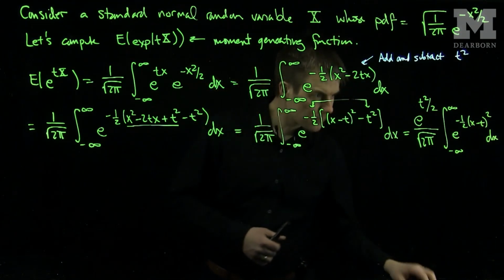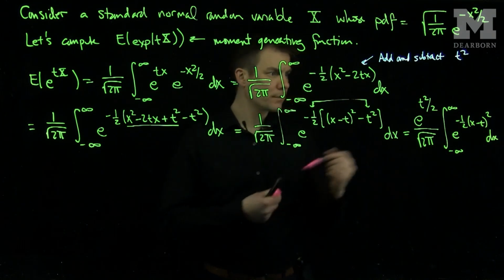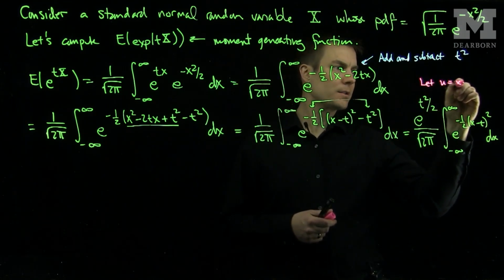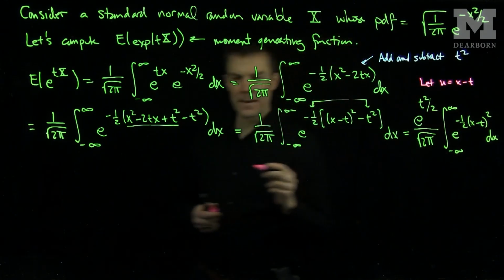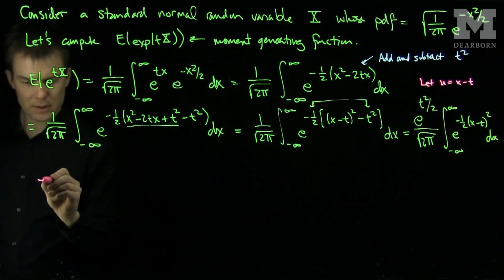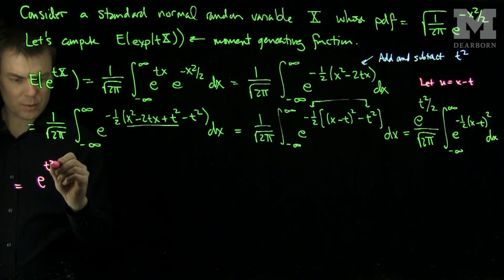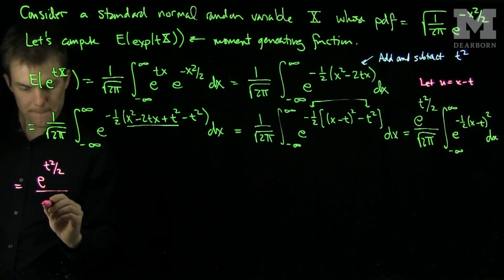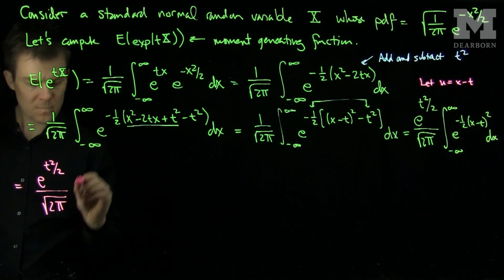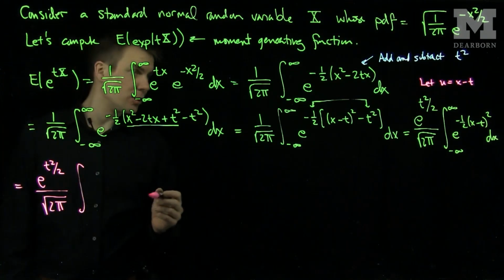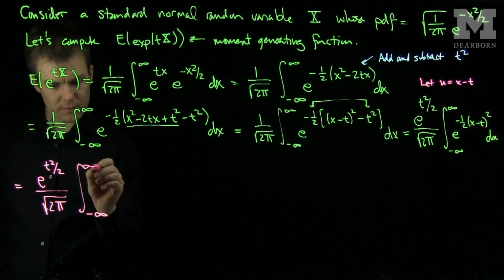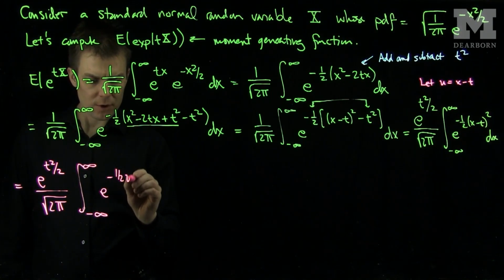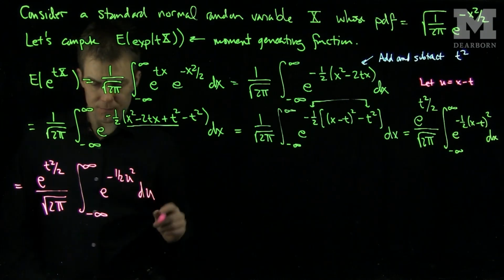And now we can make a substitution. We can let u be x minus t. And if we do this, our integral becomes e to the t squared over 2 over the square root of 2 pi, the integral, the limits of integration will not change, negative infinity to infinity of e to the negative 1/2 u squared du.